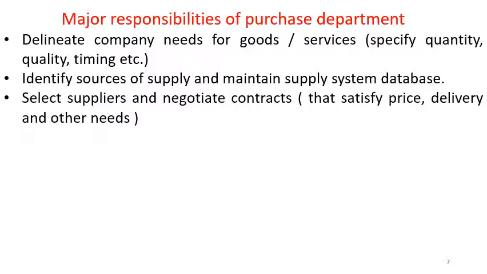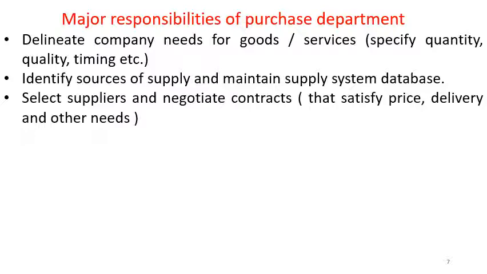So now you have to select. Selection will be based on certain methods like the factor rating method, or make or buy. Make or buy decisions can also be taken. You can choose a supplier or you can make it on your own, depending upon whichever is more economical.